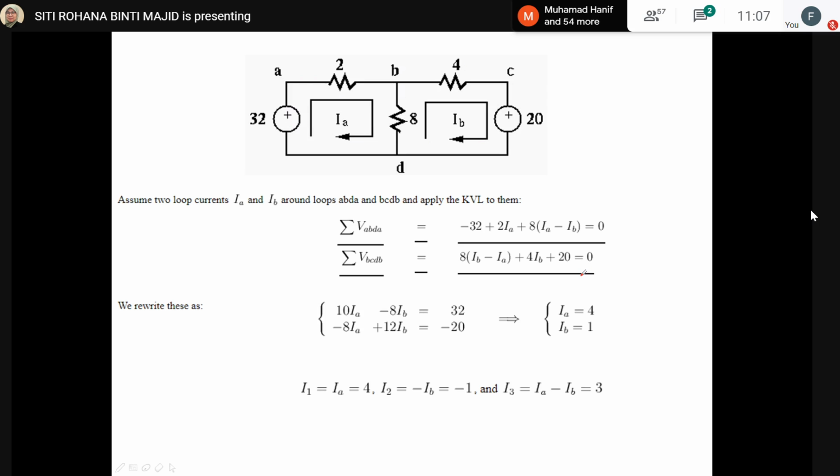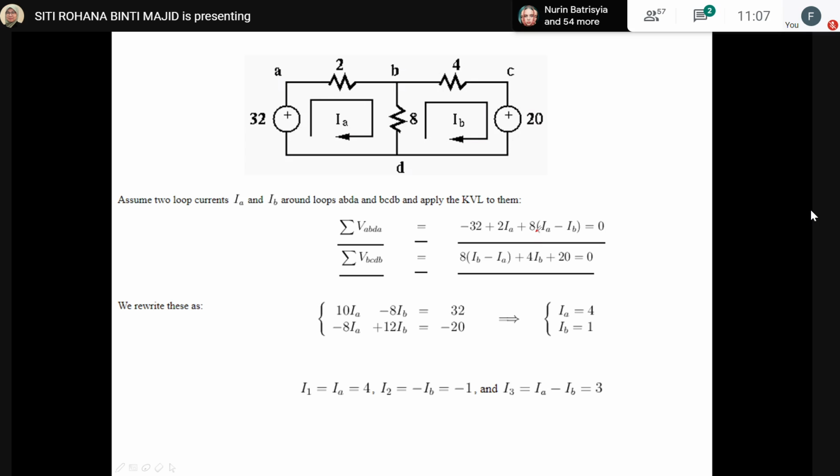But the main thing is consistency. Okay, so if you consistently use the concept throughout the whole loop, you will get the answer. Don't follow this rule for some part, and for another part say voltage rise becomes negative. Then your calculation will not be in order.